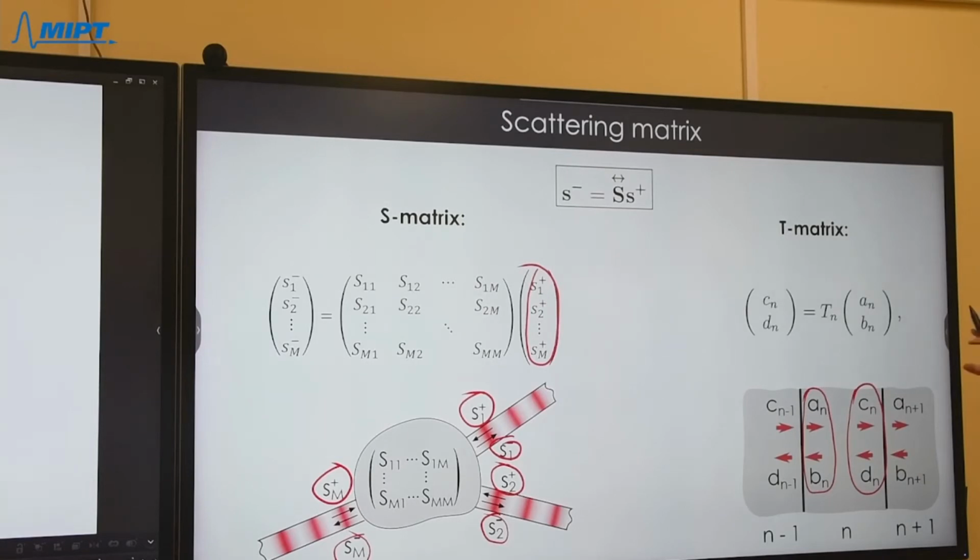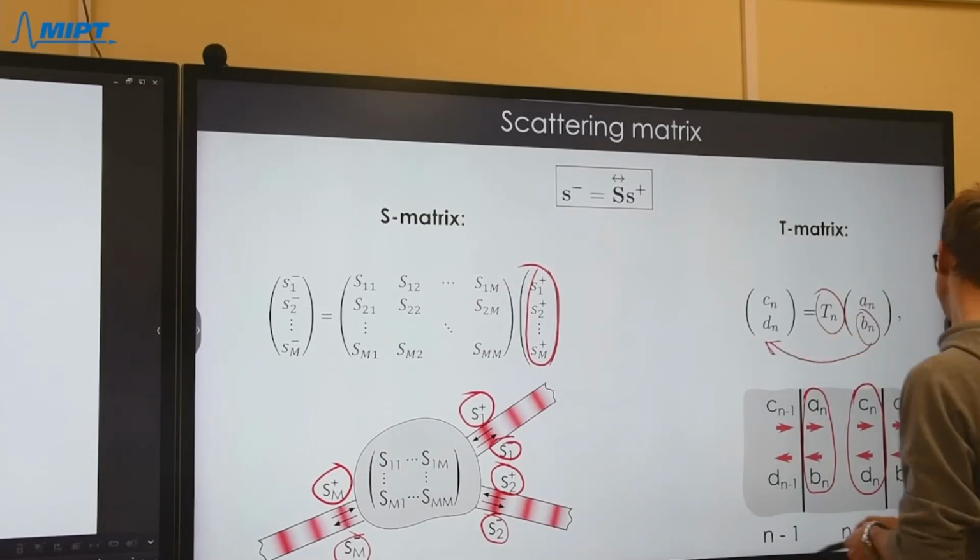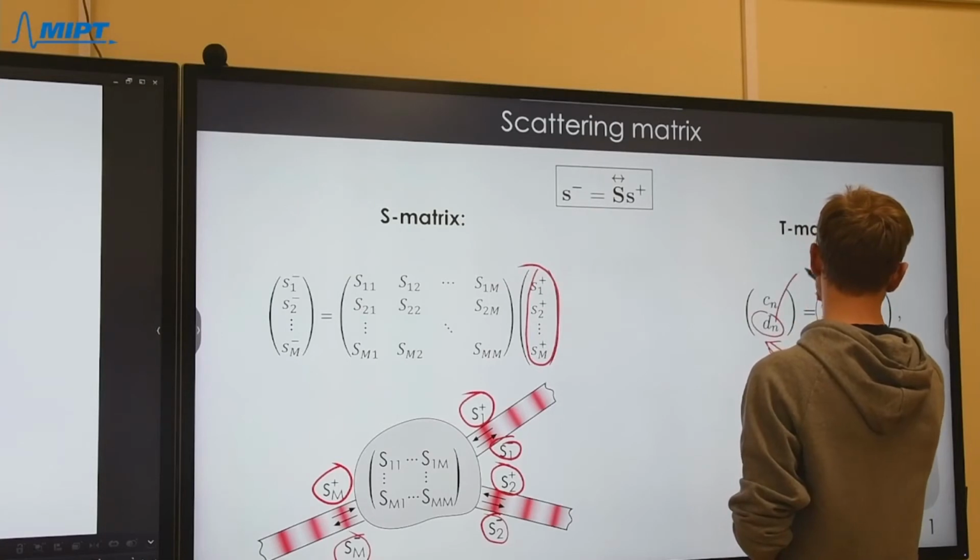And in principle, we can see from this how the transfer matrix should be transformed in order to give the scattering matrix of the same element of the structure. So what we need to do is modify these vectors and correspondingly T in such a way that on this side we have only incident waves, A and D. So we need to move B to this side, and we need to move D to this side.